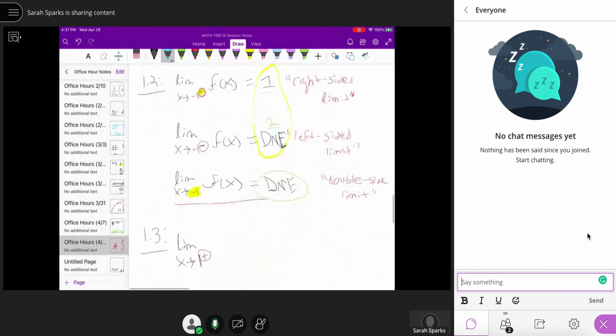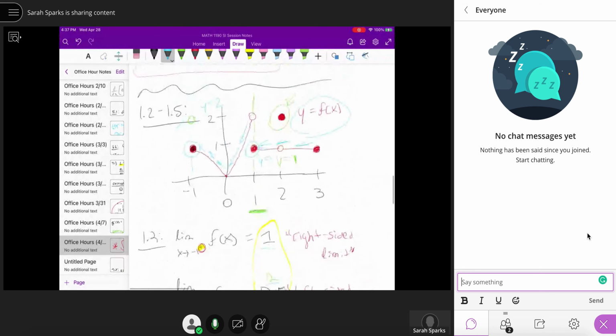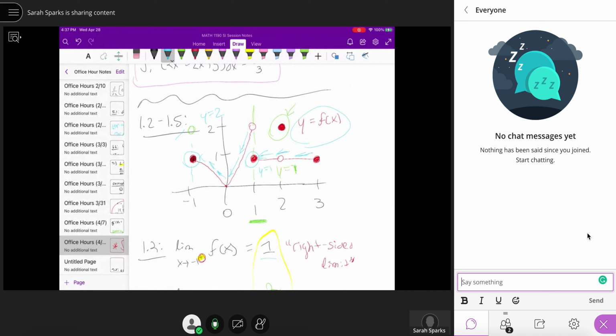So when you said it was coming from the right side, that means you start from the right side and then go towards that point. Oh, okay, that helped. So from this line, since we're looking at 1, this would be considered the left side of that point, and this is considered the right side of that point.